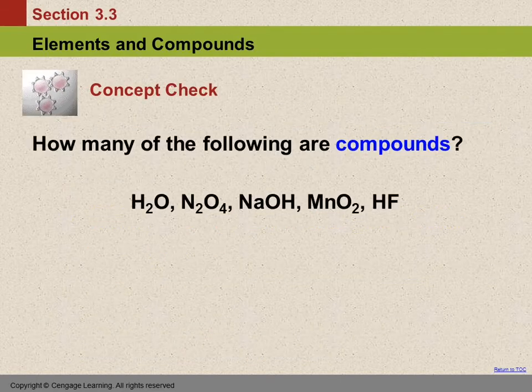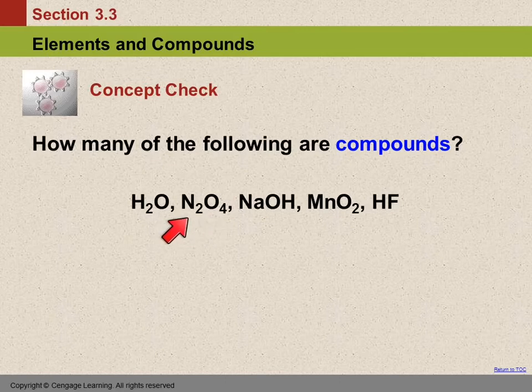So how many of these are compounds? At this point, the best way is just look at how many capitals are in its formula. Which of these are compounds? Is H2O a compound? Yeah, it's got 2 different capital letters. That means it has 2 different elements. How about N2O4?